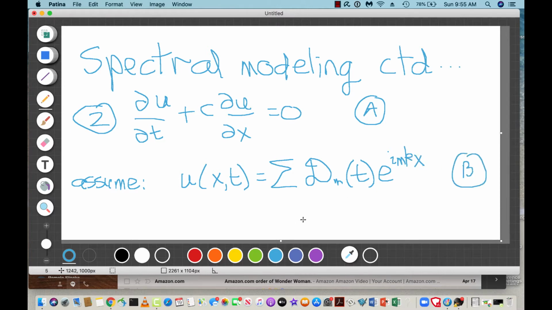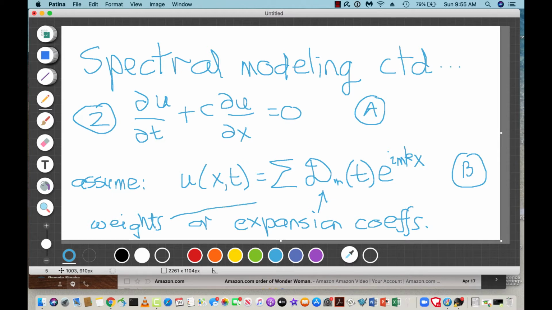All right, so the D's are called variously weights or expansion coefficients, and those become the unknowns of the problem. And I'm using uppercase curly D for this.